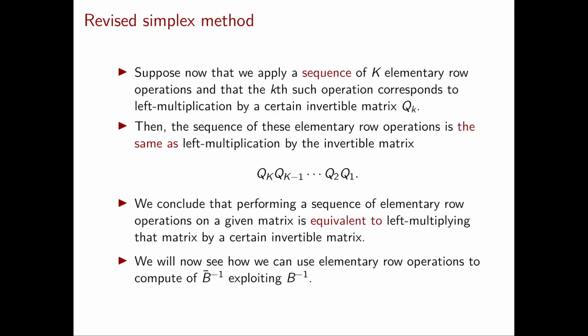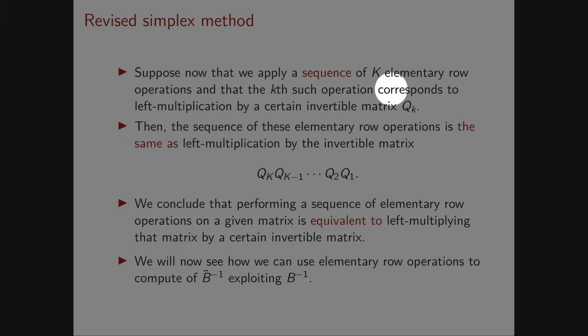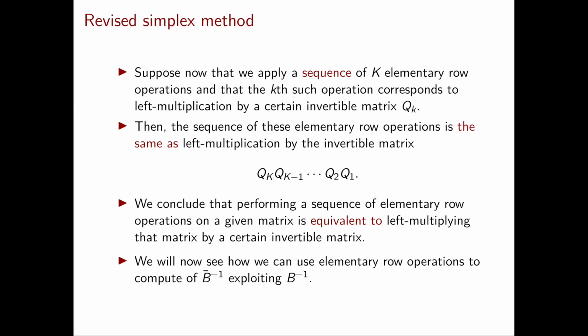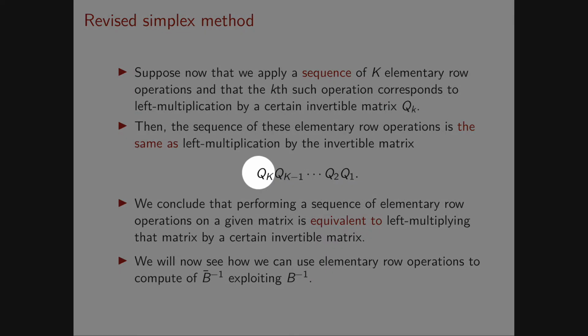We will be interested in applying a sequence of a number k of elementary row operations. Now let's say that the kth operation corresponds to the left multiplication by matrix Qk. Then the sequence of elementary row operations can be obtained by multiplying on the left by Qk times Qk minus 1 and so on and so forth until Q1.